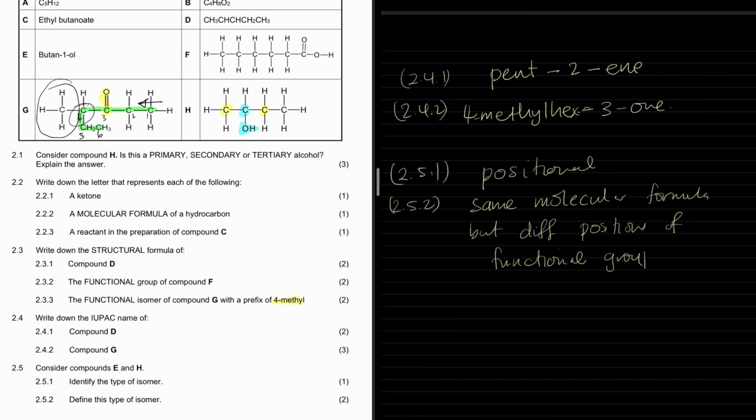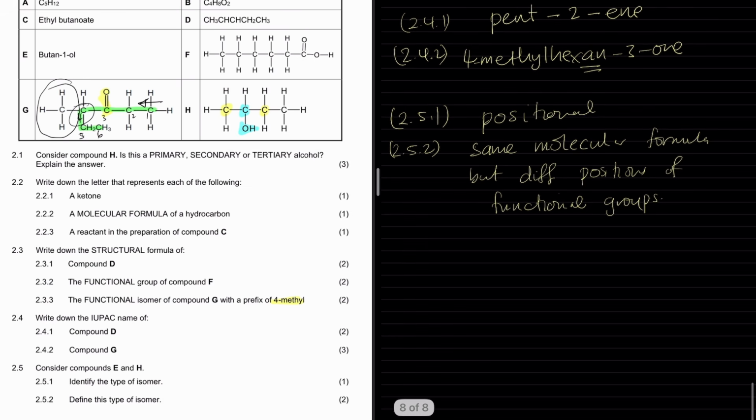The OH in one of them is on the first carbon, and the other one is on the second carbon. And actually, for 2.4.2, let's write it with its traditional name: hexane-3-one. Not forgetting the hexane, because it's all single bonds.